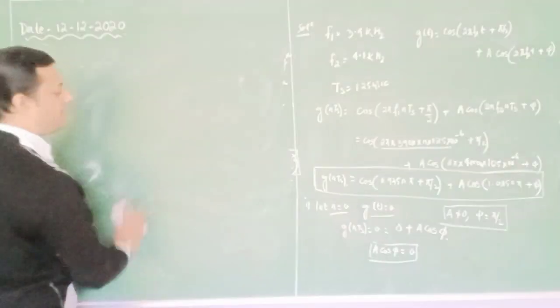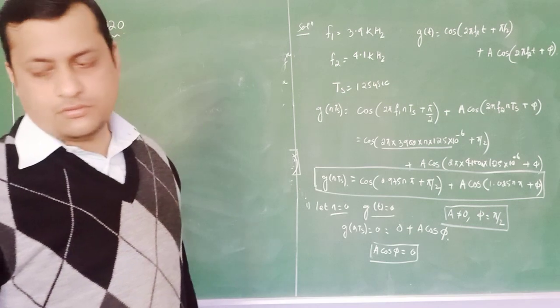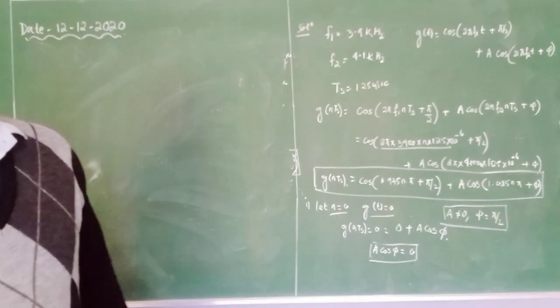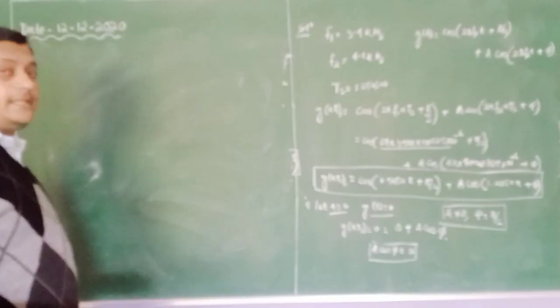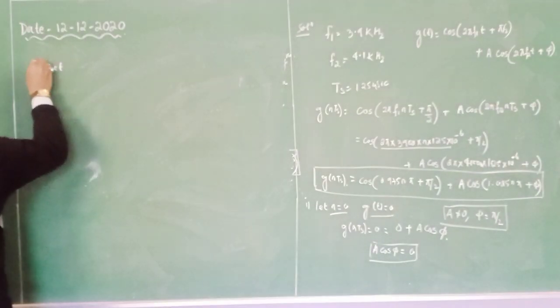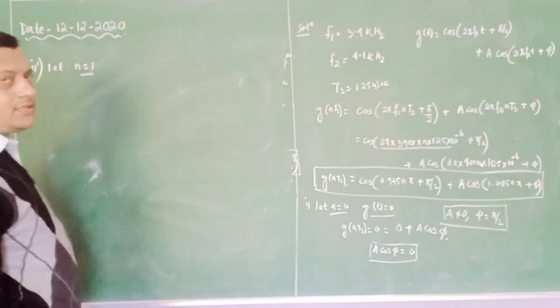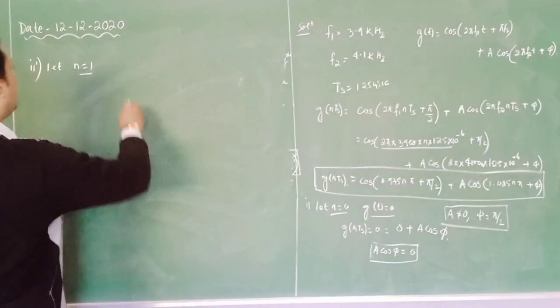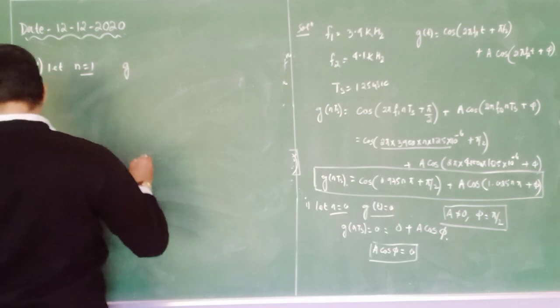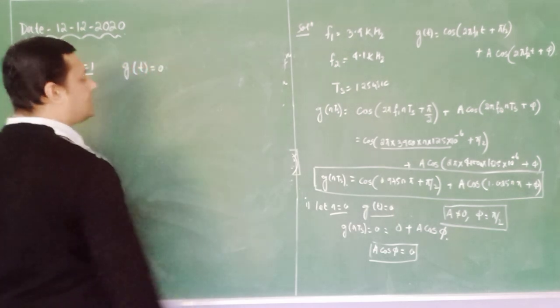Second frequency component means n equals 0 is first, n equals 1 is second, n equals 2 is third. So now let n equal 1. Now if n is equal to 1, your g of t is also equal to 0 for this case also.